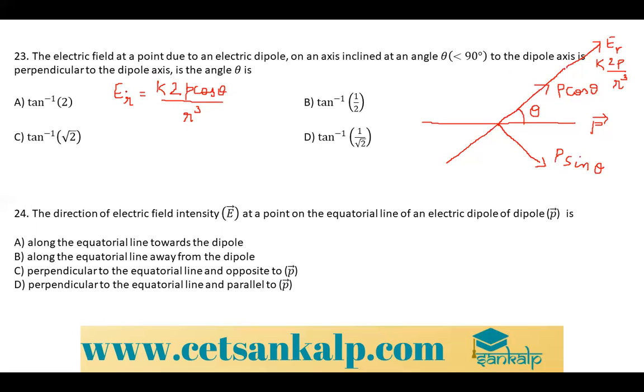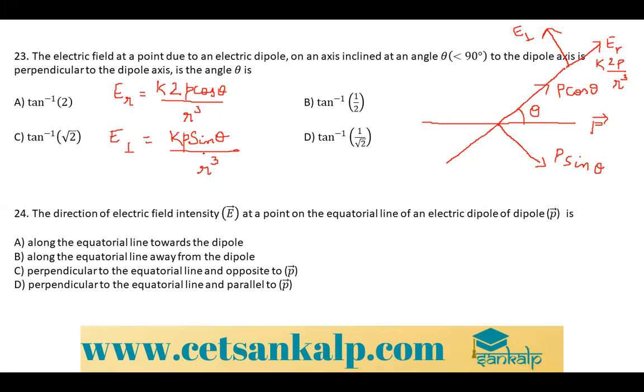Now, perpendicular to the dipole axis, there is a perpendicular component, that is E perpendicular. So E perpendicular is nothing but K P sin theta divided by R cube.